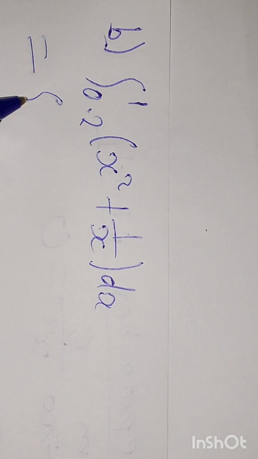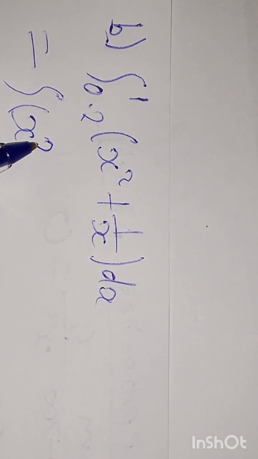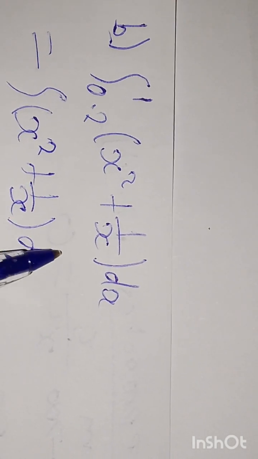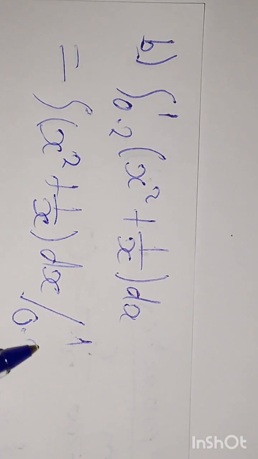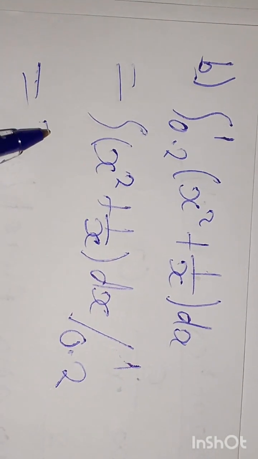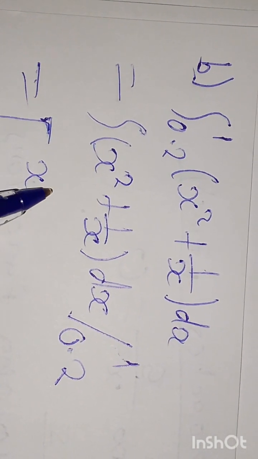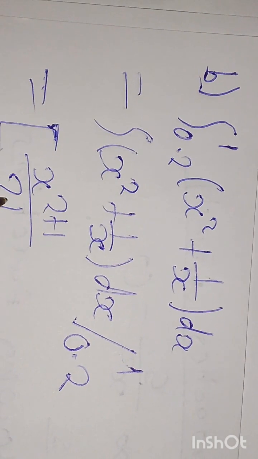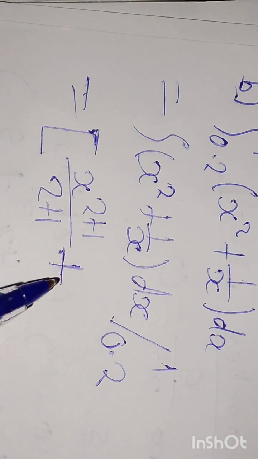We are first integrating this function: x squared over 2 plus 1, plus the integration of 1 over x.